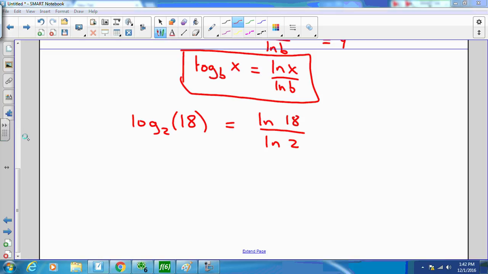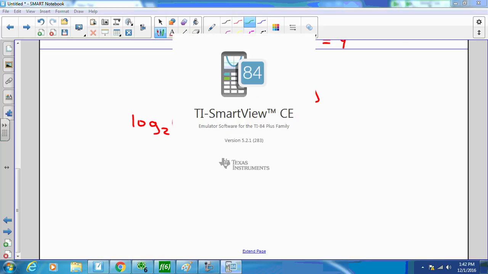And when we actually carry out that computation on the calculator, the calculator takes a while to pull itself up.